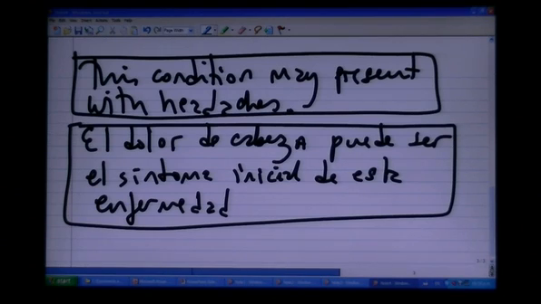If you translate, or if you are interpreting in consecutive and have the opportunity to do the change, I would strongly suggest it will be better to say, el dolor de cabeza puede ser el síntoma inicial de esta enfermedad. This is what sounds more like a doctor talking in Spanish. But esta condición puede presentarse con dolores de cabeza, no doctor will use that. Enfermedad is a better term. So this is another flashcard for you here.